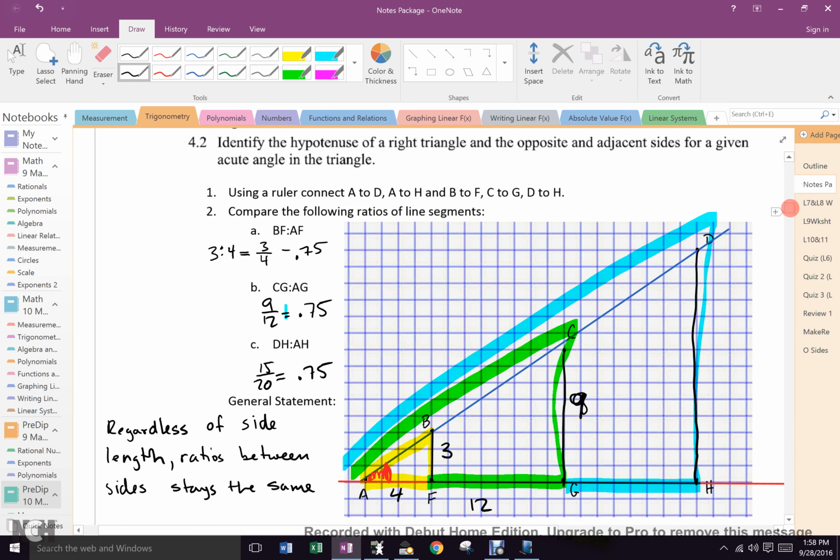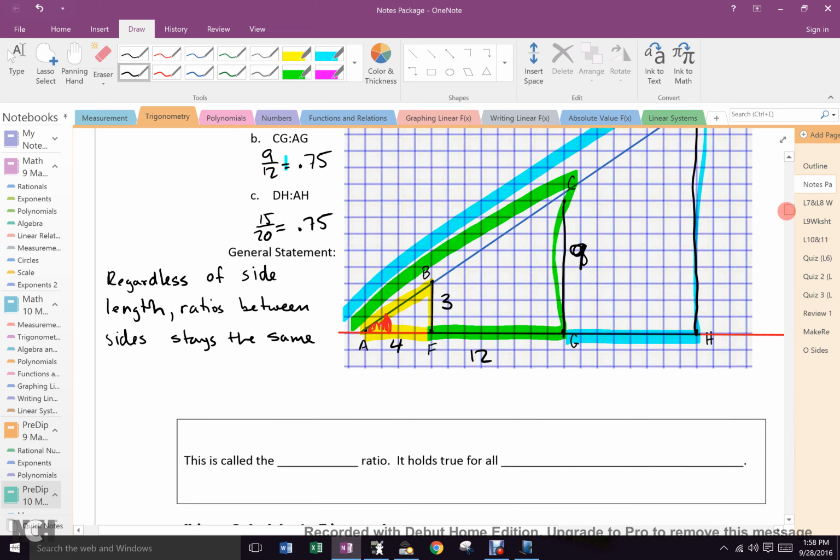That's point 1. Point 2, we notice that angle, I'm going to use the symbol, angle A is present in all triangles, regardless of size.